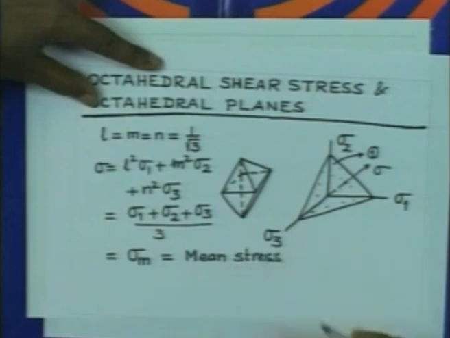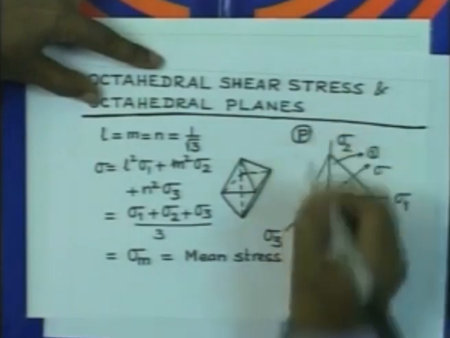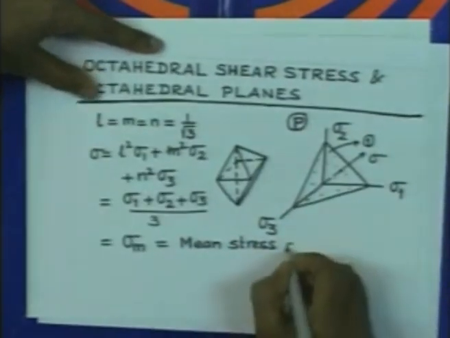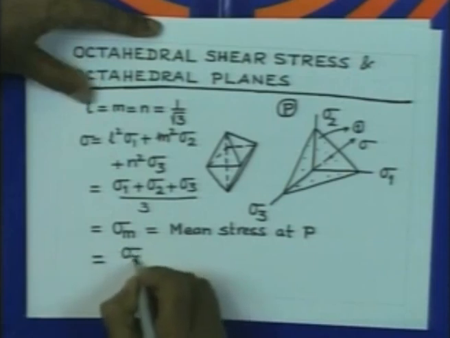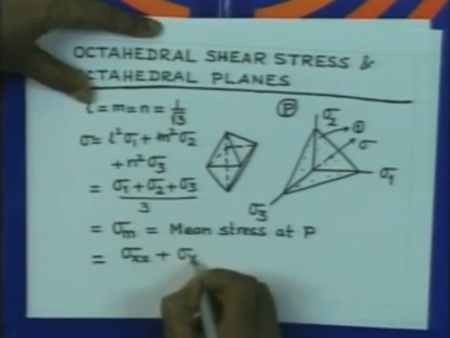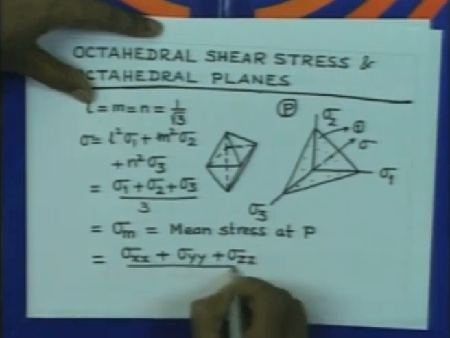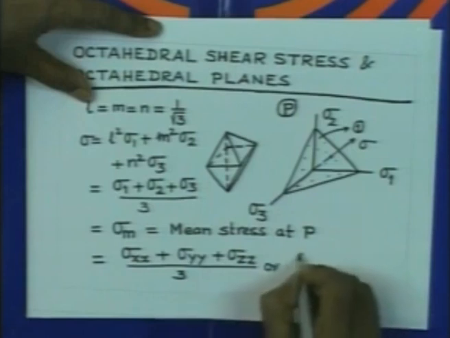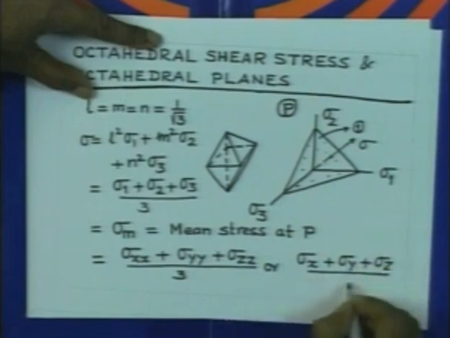So, this is the mean stress at the point P, if you would like to consider that your typical point is P. Since the sum of the 3 principal stresses is also equal to the sum of the 3 normal stresses in Cartesian coordinates, one can immediately write that this is nothing but sigma xx plus sigma yy plus sigma zz by 3, or sigma x plus sigma y plus sigma z by 3.